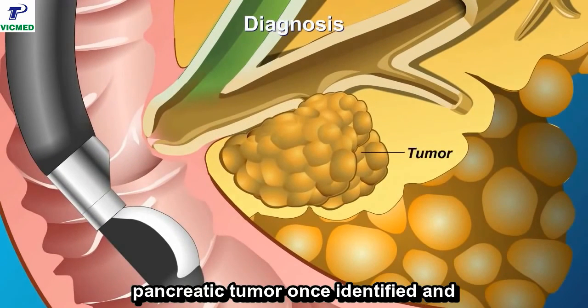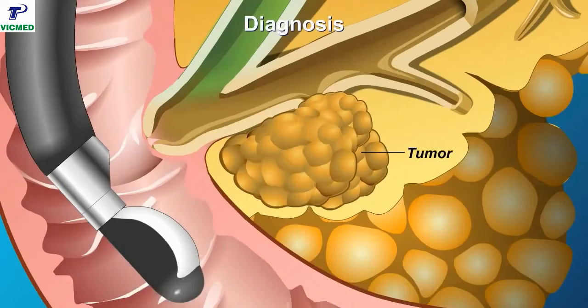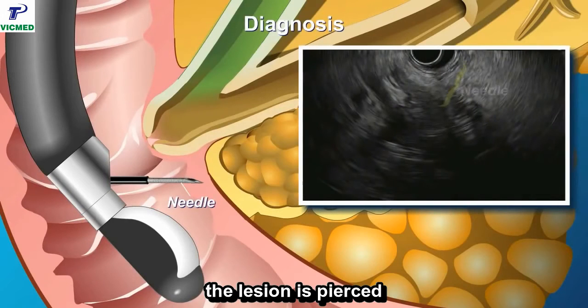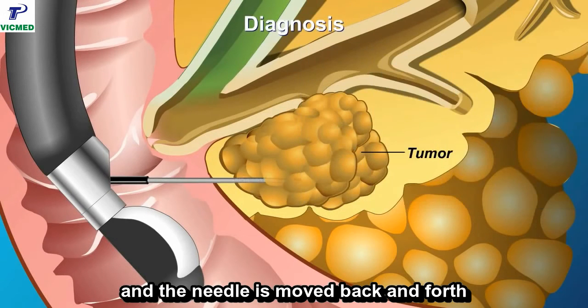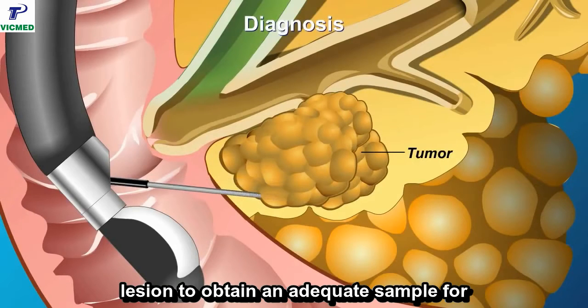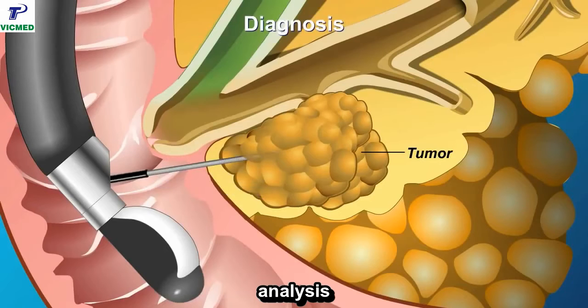In the case of a pancreatic tumor, once identified and localized on the ultrasound image, the FNA needle extends from the scope head. The lesion is pierced, and the needle is moved back and forth several times in multiple areas of the lesion to obtain an adequate sample for analysis.